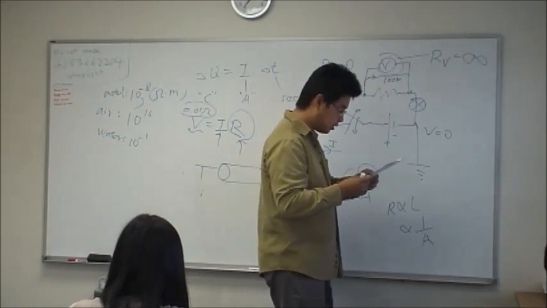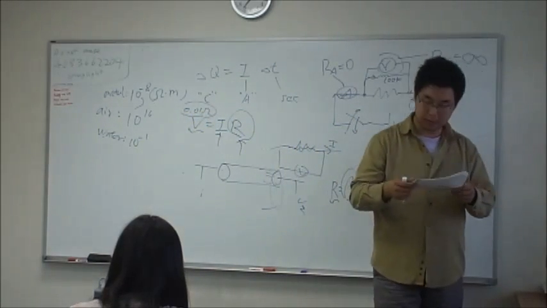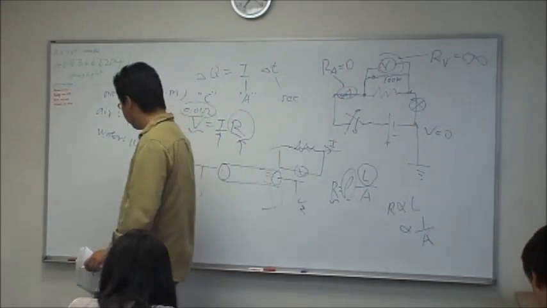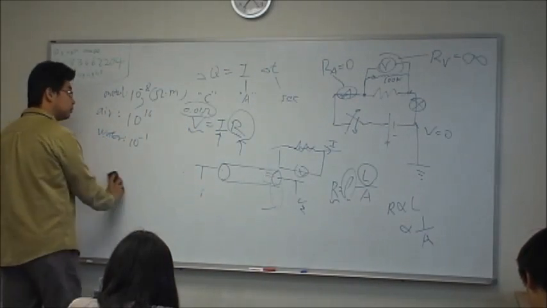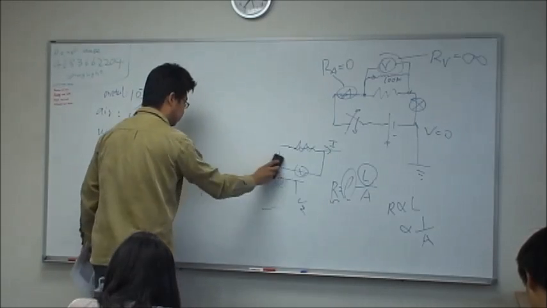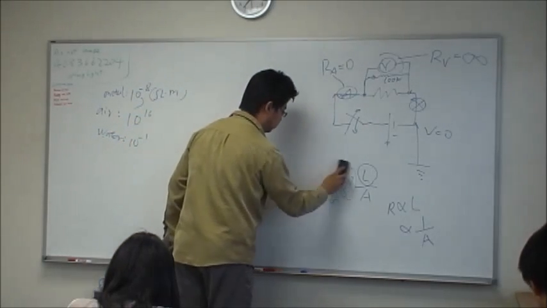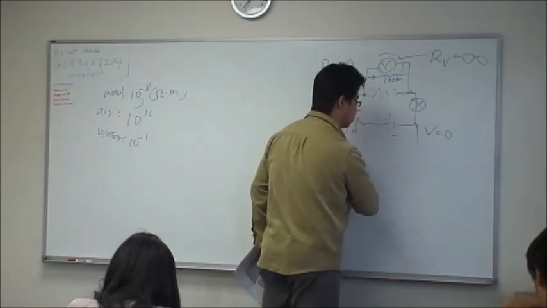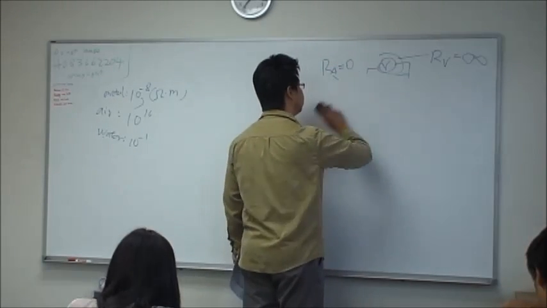Okay, let's look at the sample problem. The sample problem talks about the copper wire. Just have a quick read. So it's a very simple one, just use the equation we got.